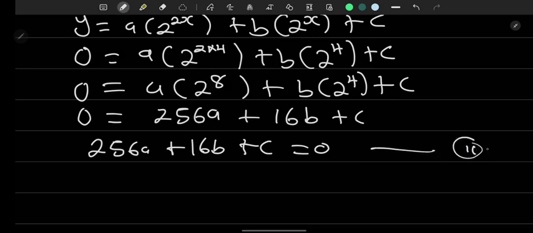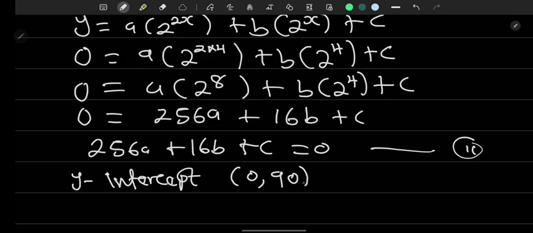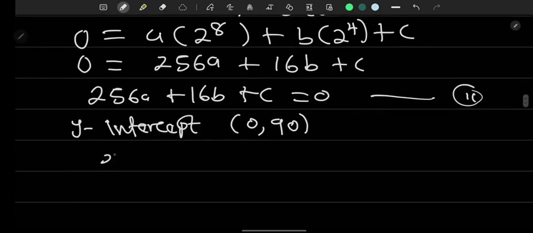Now we consider the last point, which happens to be the y-intercept. The y-intercept is given as (0, 90), and what that means is y is 90 when x is 0.